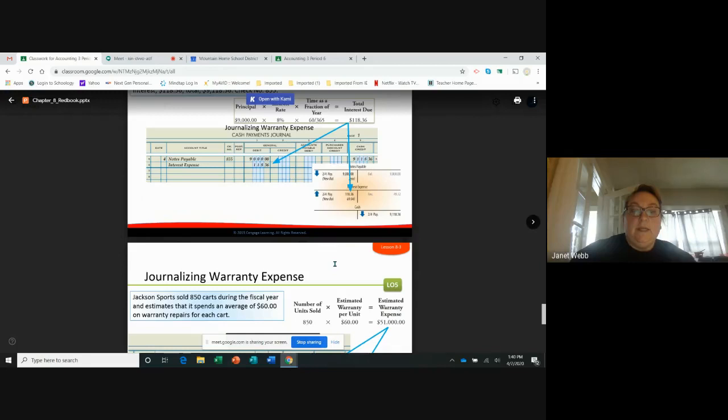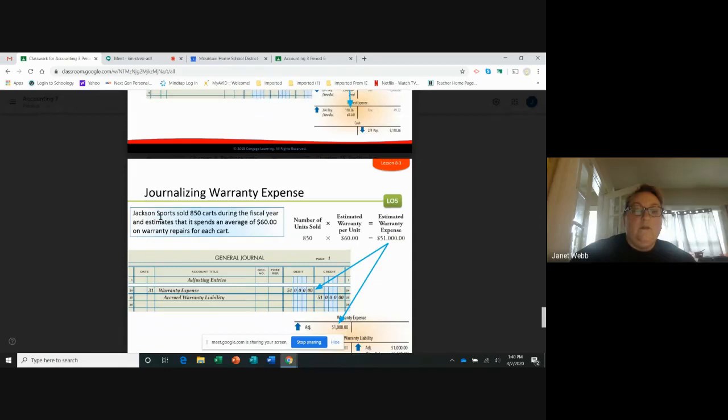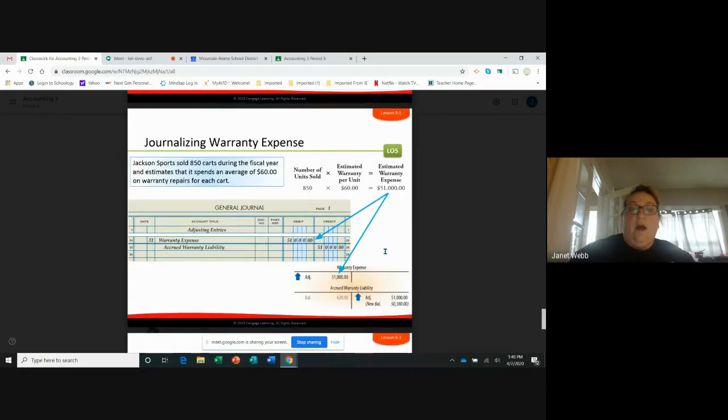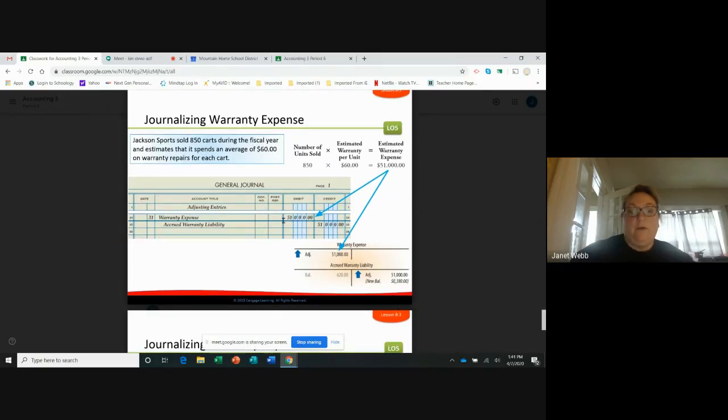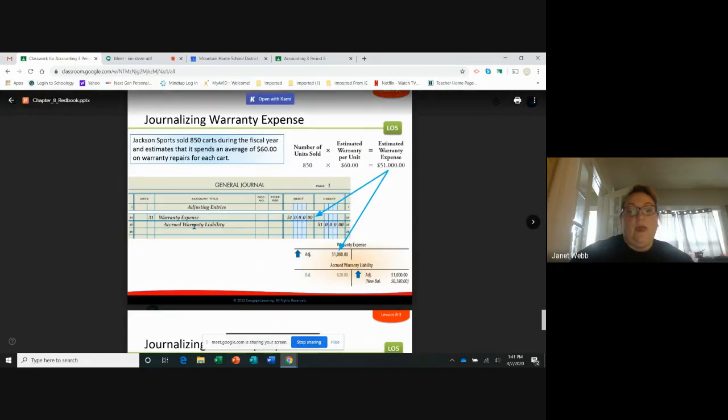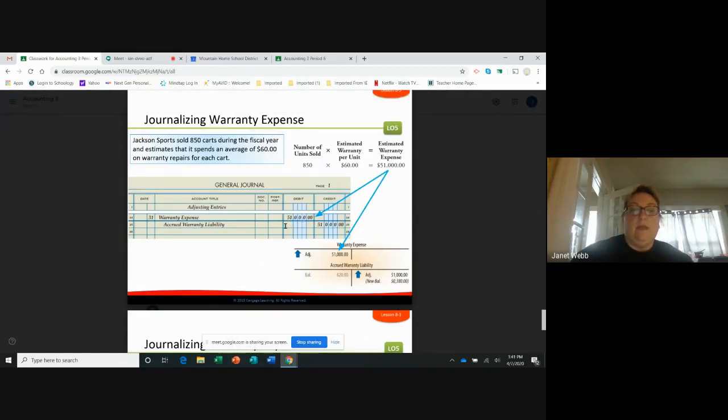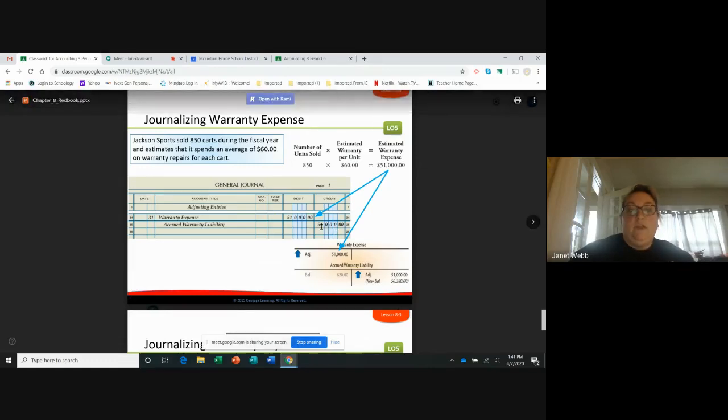If there is a warranty, it says Jackson Sports sold 850 carts during the fiscal year and estimates it will spend on average $60 on repairs for each cart. 850 times 60 gives us an estimated warranty expense of $51,000. Obviously, we want to keep track, because that's money we're going to have to pay out. So that gives us that expense, and then we have an accrued warranty liability. We're going to have to come up with money to pay for it.